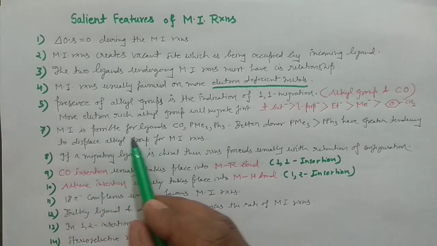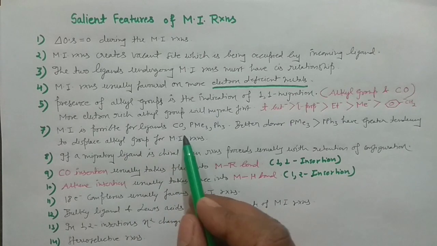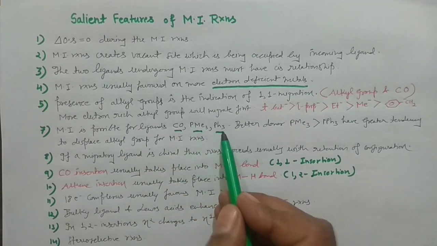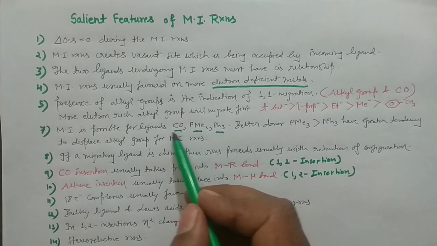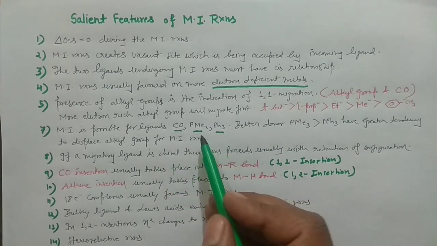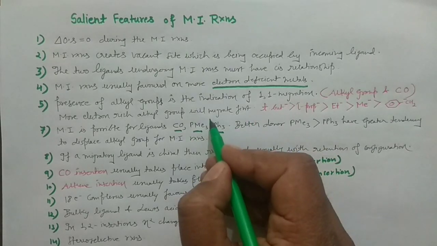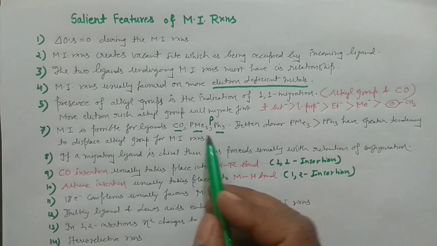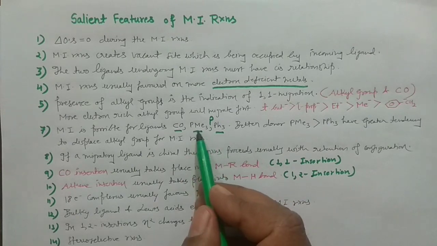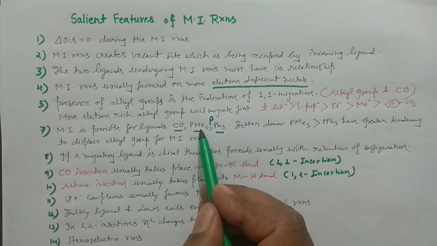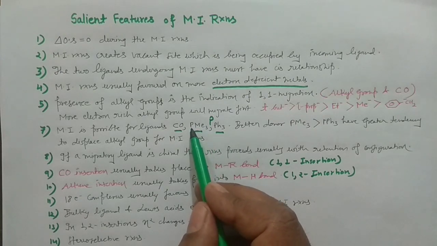Then point number 7: migratory insertion reactions are possible for ligands like CO, PMe3 and PPh3. Obviously the rate would be faster with the carbonyl group. But when you compare PMe3 and PPh3, triphenylphosphine, PMe3 is more electron rich. Why? The three methyl groups, due to the plus I effect, increase the electron density on the phosphorus.